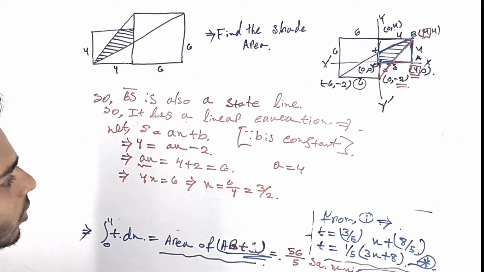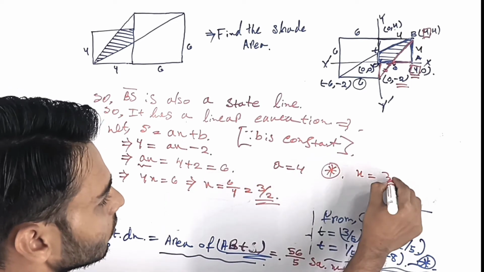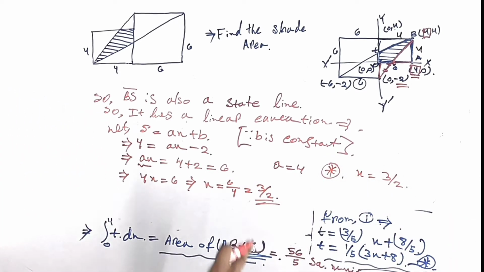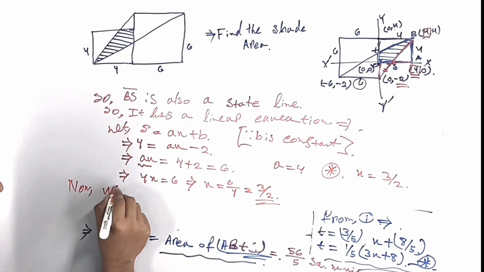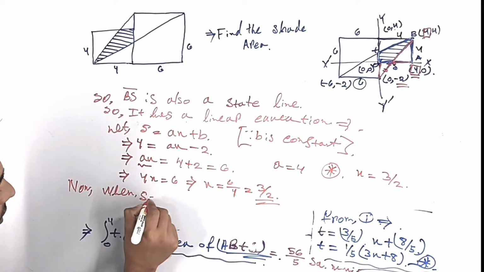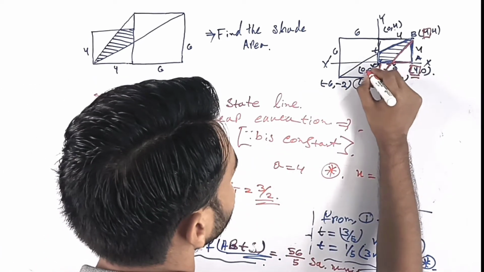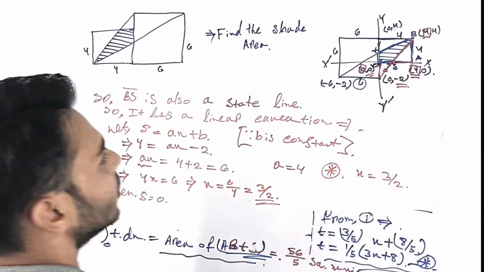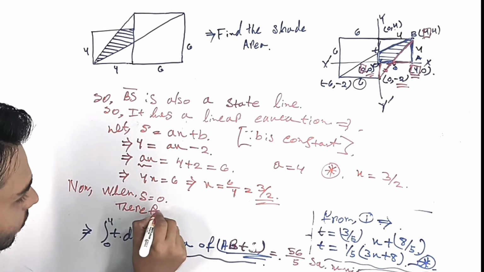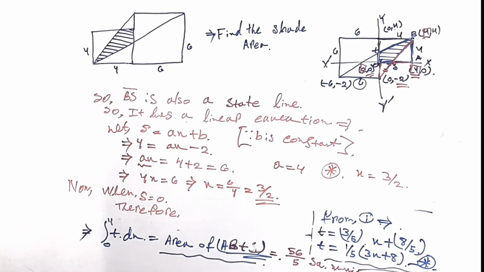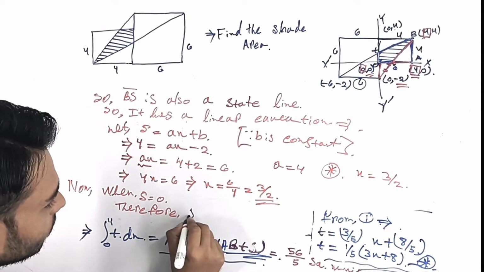So now we know that x equals 3 by 2, so I write down 3 by 2, that's it. Now also I write down that when s equals 0, this is where the asymptote of this area is coming, so s equals 0 also, and the result comes from this part, and it's becoming interesting.